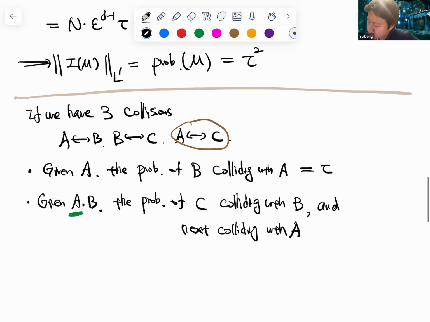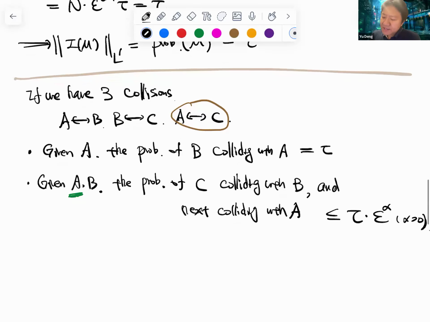So actually it will be tau times epsilon to the alpha for some positive alpha, because you have one more collision, which will get you an even smaller probability. And then you get a total less than tau squared times epsilon to the alpha.